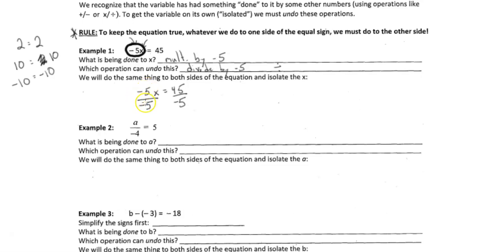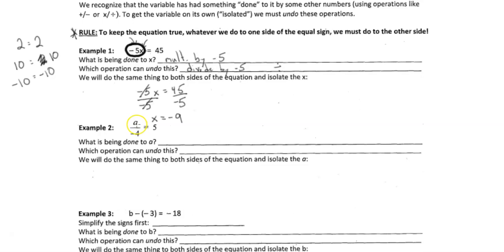So negative 5 divided by negative 5 is 1, so we can sort of just cancel them because it just equals 1. And so we're left with x, so we've isolated for x. And 45 divided by negative 5 is, so there's our negative 9, solving algebraically. Make sense?